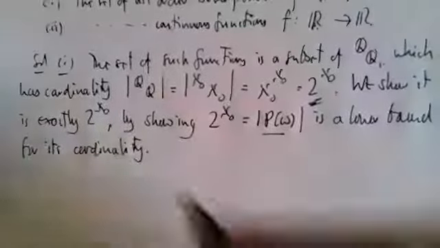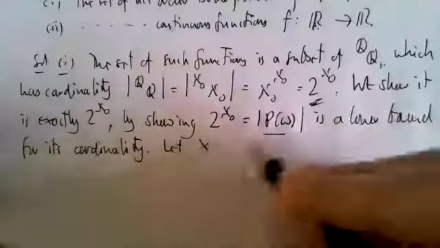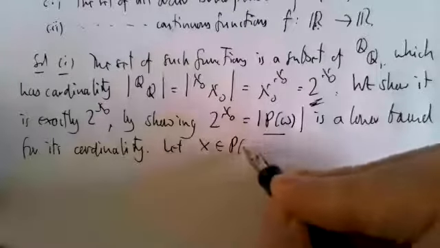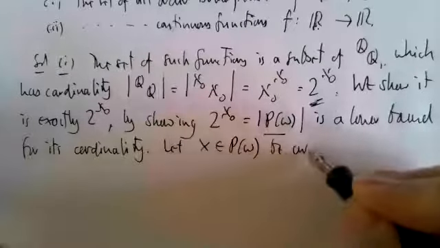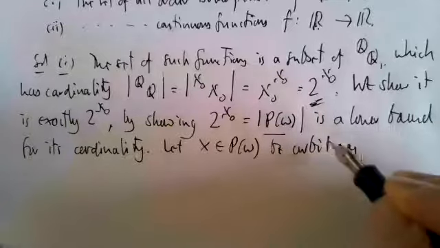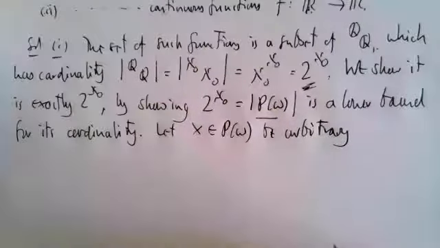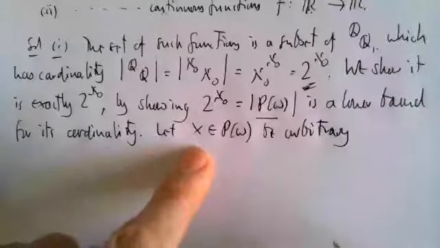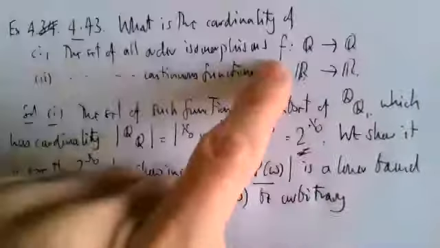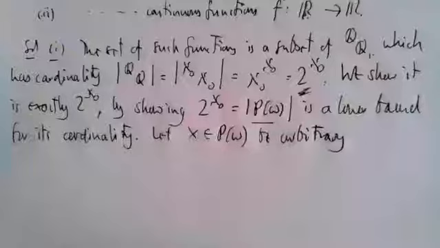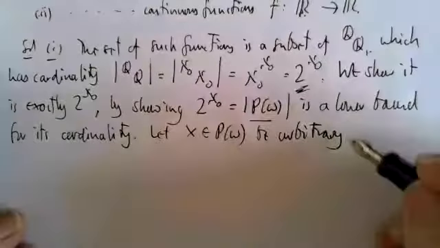So I say let X be a subset of omega, arbitrary. We just have to find some way of, for each X, thinking of a different order isomorphism. So this is one way to do this.